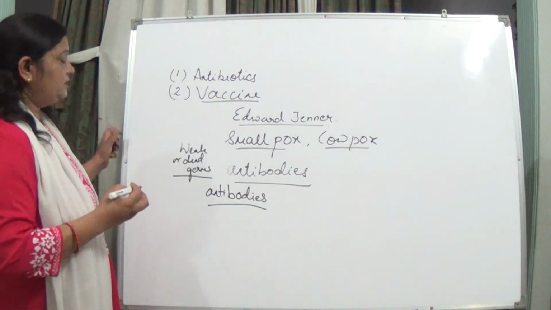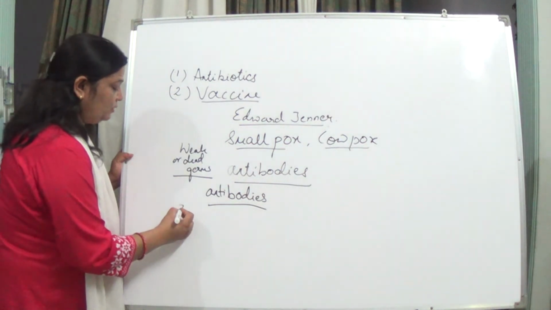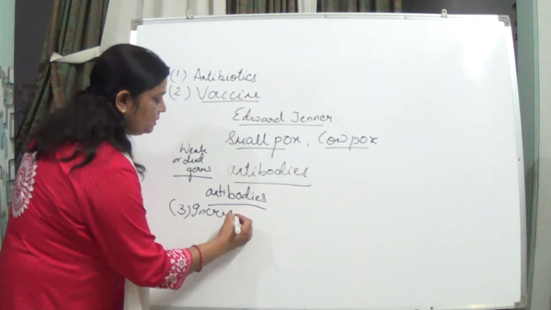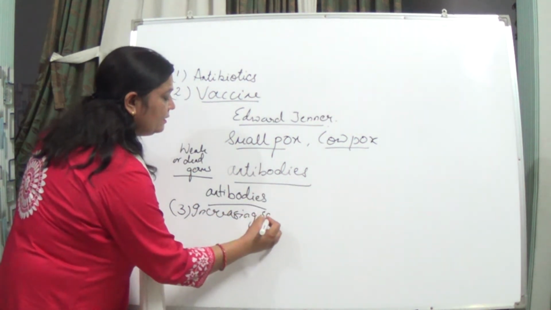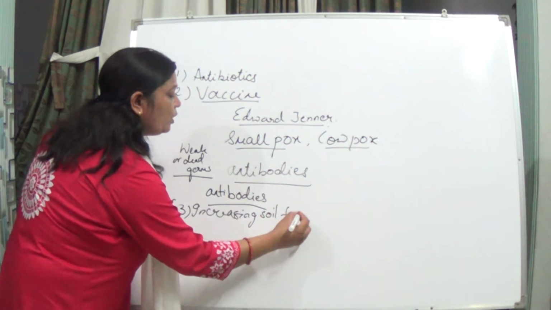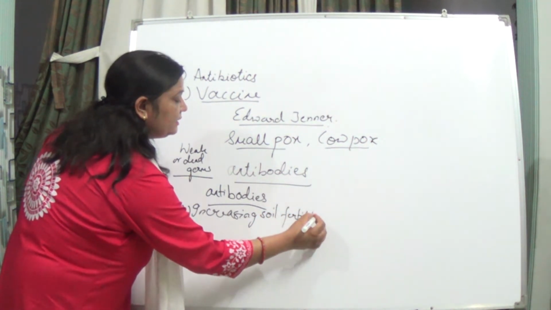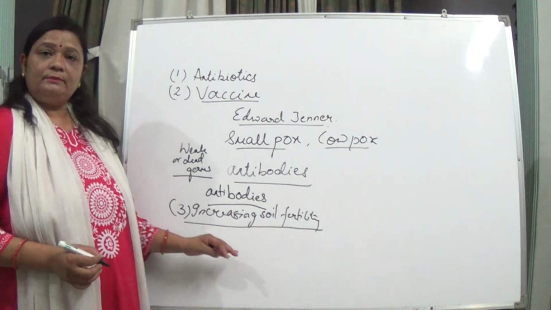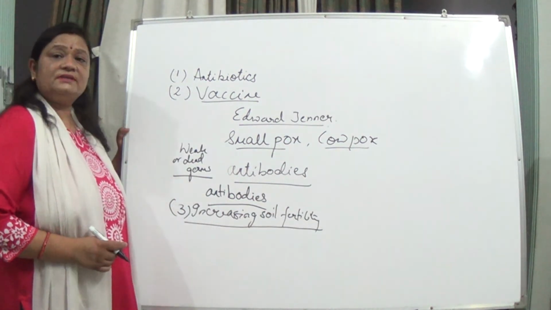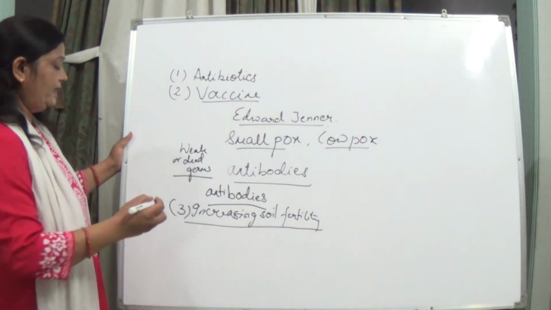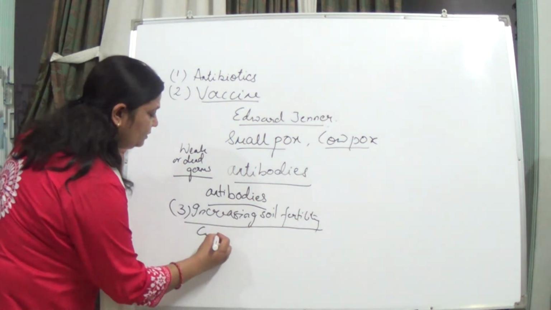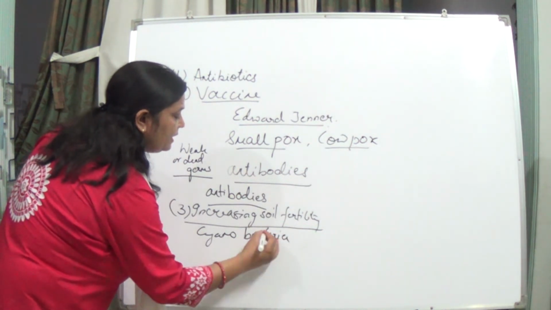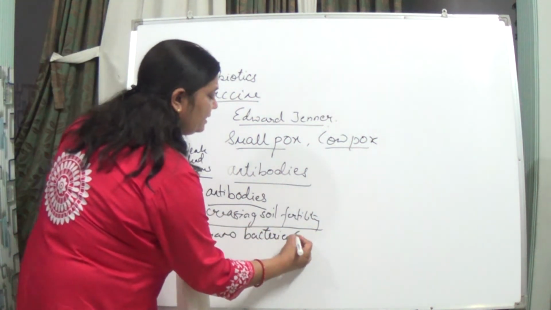Now the third use of microorganisms is increasing soil fertility. What happens in increasing soil fertility? We know that there are certain bacteria which fix nitrogen in the soil, like cyanobacteria, the blue-green algae.